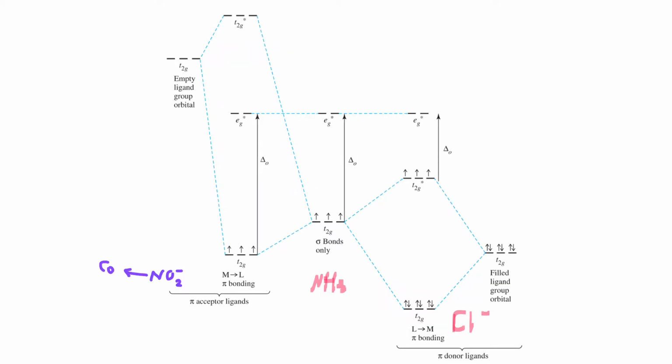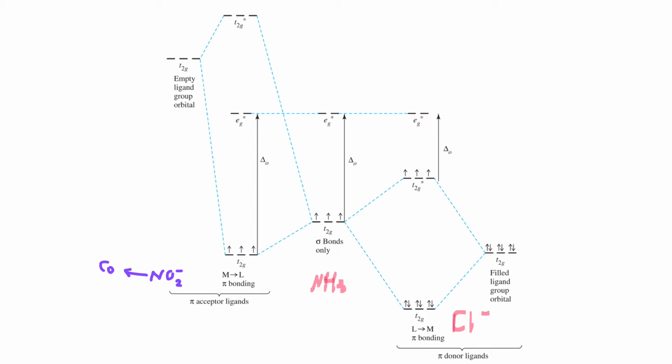This slide shows the variation in sigma donation, pi donation, and sigma donor pi acceptor ligands. In the middle, you find the sigma donor ammonia with delta octahedral between t2g and eg.